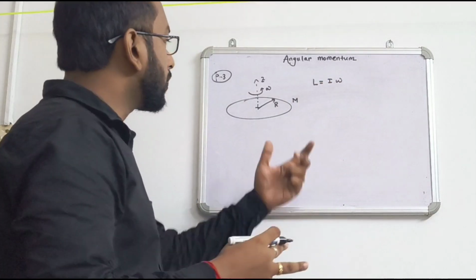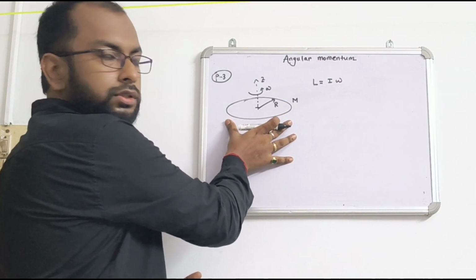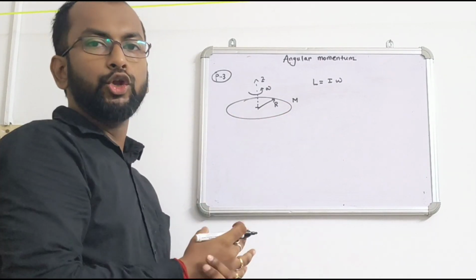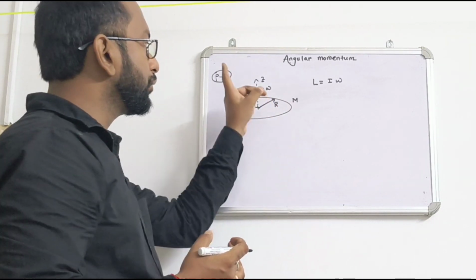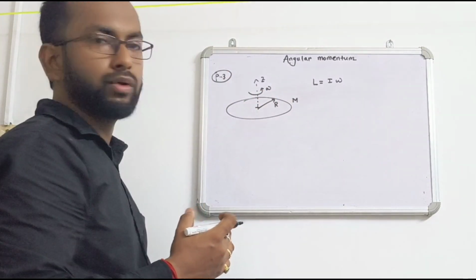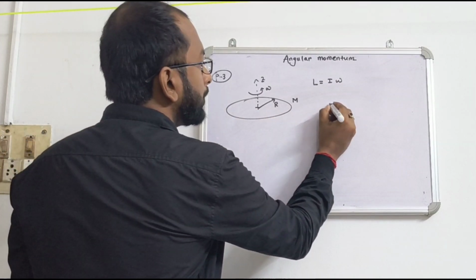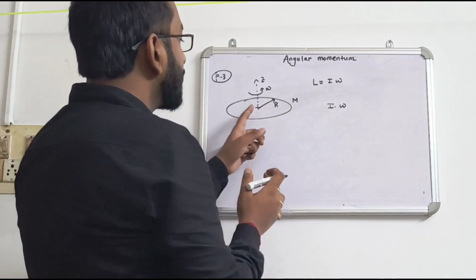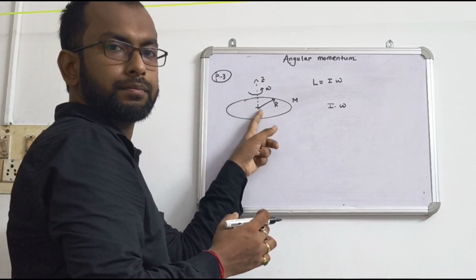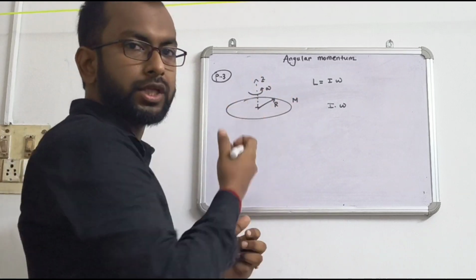Now one simple concept development. If one disk, circular disk having uniform mass density is rotating with respect to z axis with angular velocity of omega, what will be the angular momentum? So angular momentum will be multiplication of I and omega. Now it is rotating with respect to the center and the axis is perpendicular to the plane of the circular disk.